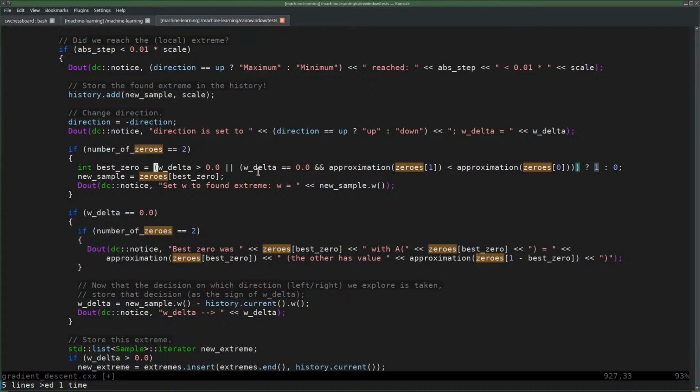And if W delta equals 0, then we didn't decide on the direction yet. So then we make the decision, and then if the approximation says that this zero, zero 1, is less than the other one, then we pick the second zero, and in all other cases we pick the last zero. The last zero then at least must exist. So if the number of zeros is 1 or 2, that's actually this then.